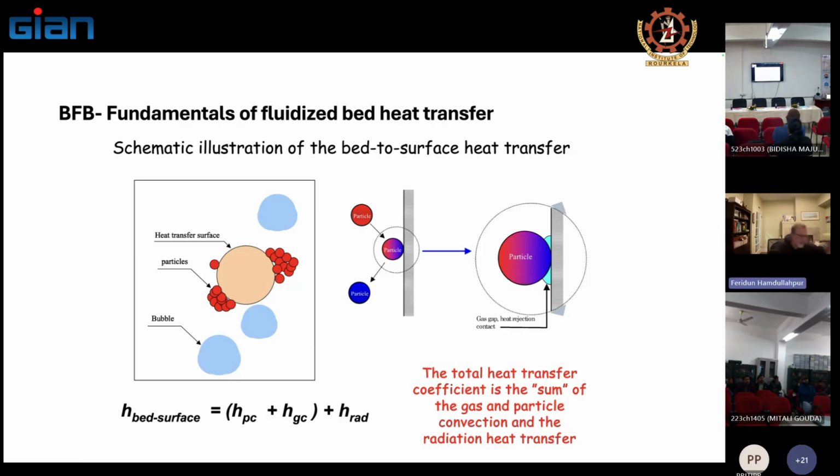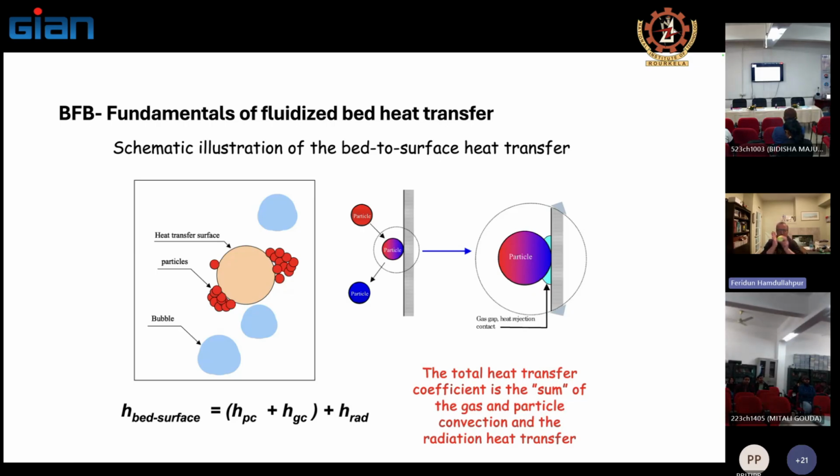So this is my particle. This is now very hot. If it's a combustion process, the bed is at around 800 Celsius, okay? And I want to extract that heat. So this is my wall. As the particle touches it, it will transfer heat.